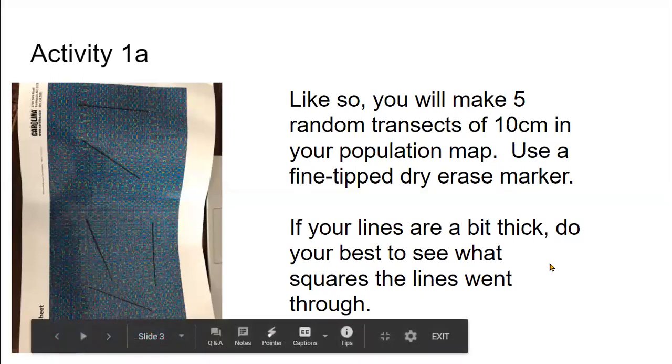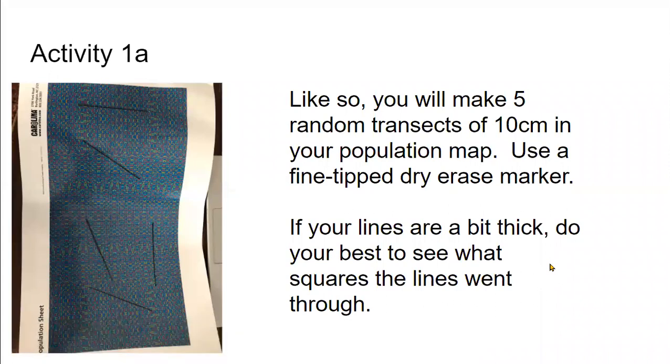It says if your lines are a bit thick, do your best to see what squares the lines actually went through. These squares are very small and they're in different colors, and you want to see what color squares your transect line actually went over or touched.